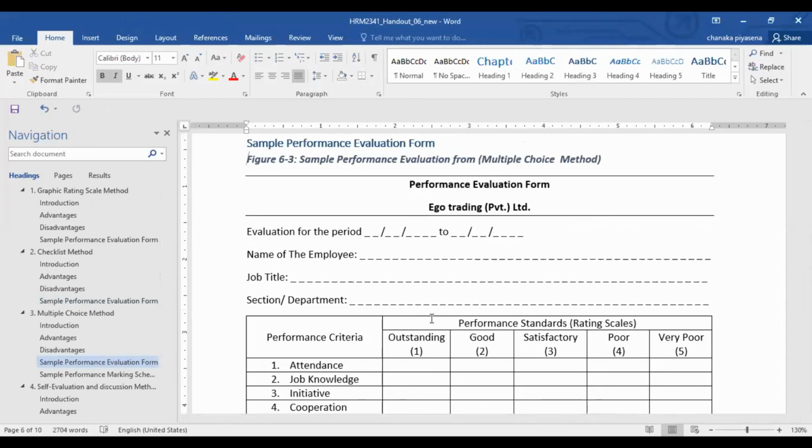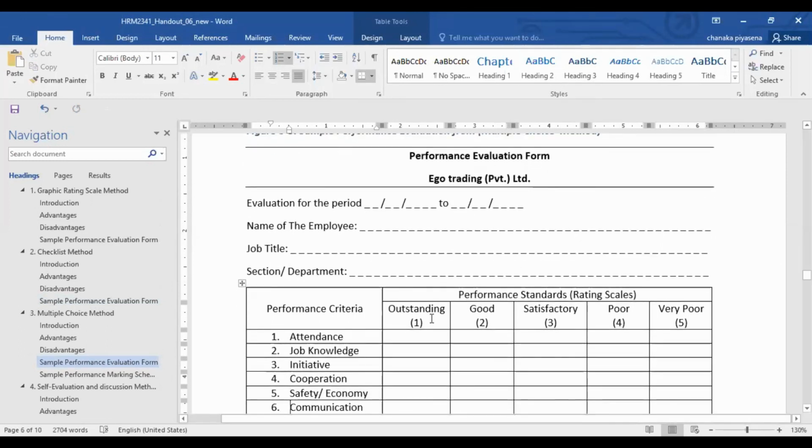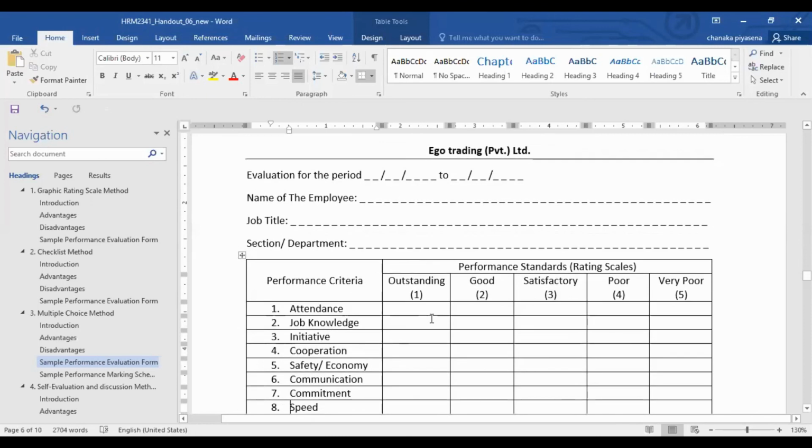Attendance, job knowledge, initiative, cooperation. Likewise, there are several performance evaluation criteria. Sometimes under job knowledge, there are 5 or several performance evaluation statements we can develop. Under initiative it is also the same, cooperation, communication. We can develop 5 or fewer statements for each criterion.